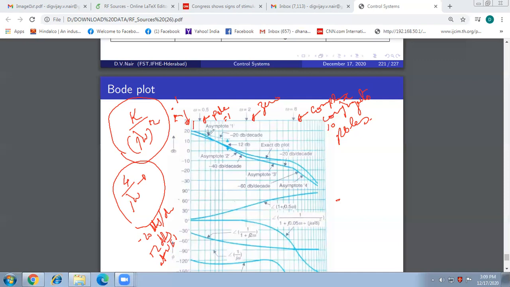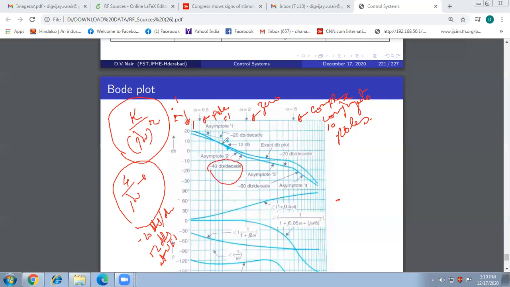After 0.5, it will be minus 40 dBs per decade. So you can see that this straight line from 0.5 onwards has bent further, because it meets a pole at this corner frequency of 0.5, and that is listed here. You can see this is minus 40 dBs per decade.